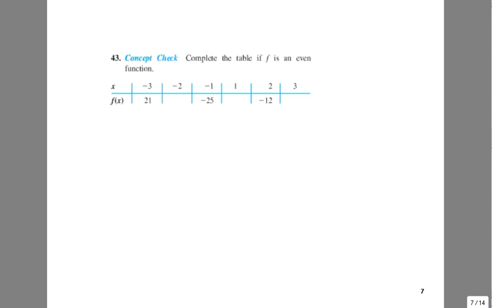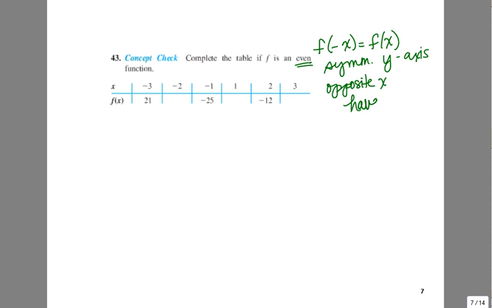Now, complete the table if f is an even function. Even function means that f of negative x is equal to f of x. Another way you can say it, it's symmetric with respect to the y-axis. Also, we can say that opposite x have equal y values. So the way you could do this is this. If I know that negative 3, 21 is on the graph, opposite x values would have equal y values.